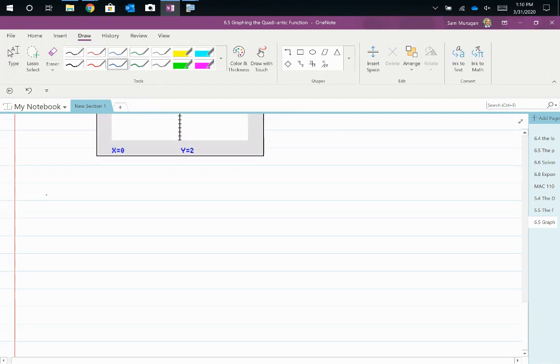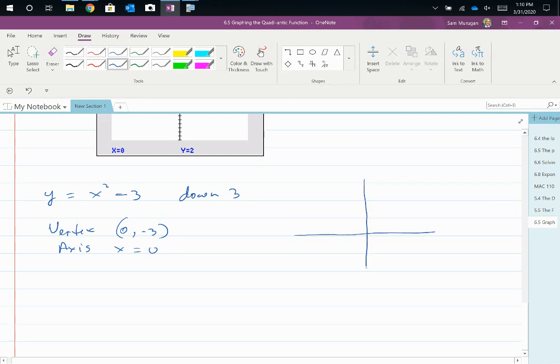If I graph y equals x squared minus 3, this is down 3. So the vertex is at 0 and negative 3, but the axis is still x equals 0. All that happened to this graph was that it dropped down 3 places to 0 and negative 3.